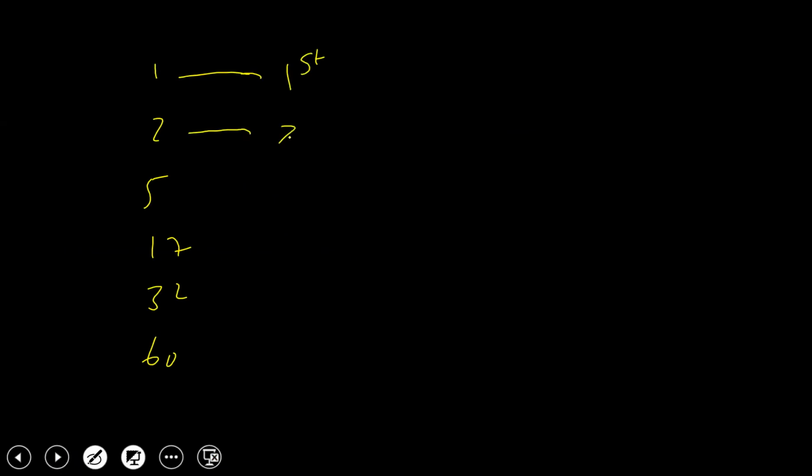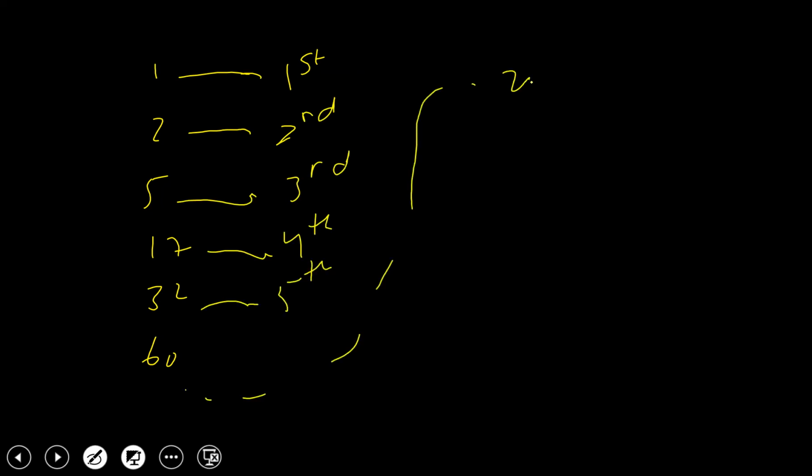This one is called the second, the third, the fourth, the fifth. When we continue, we'll get the 20th term, the 21st term, the 100th term, somewhere the 1000th term, and somewhere we will get the nth term.